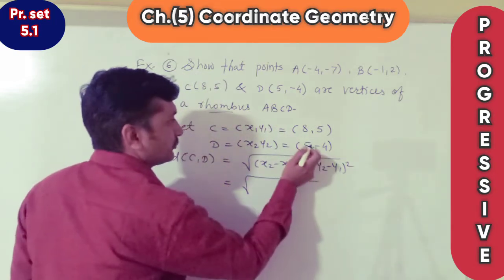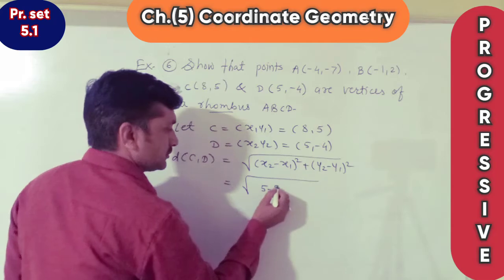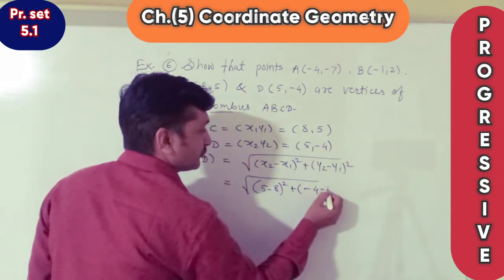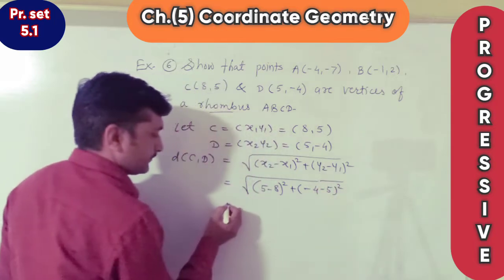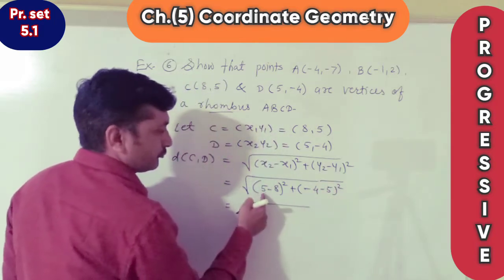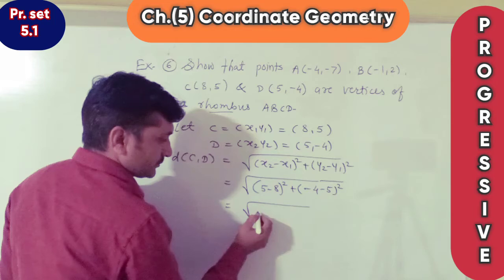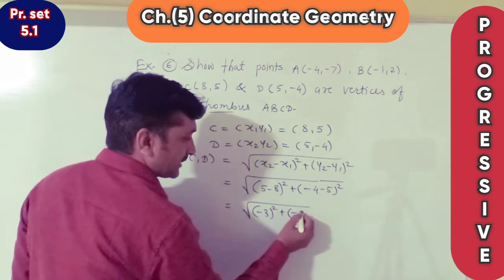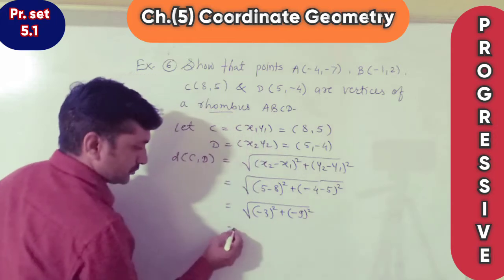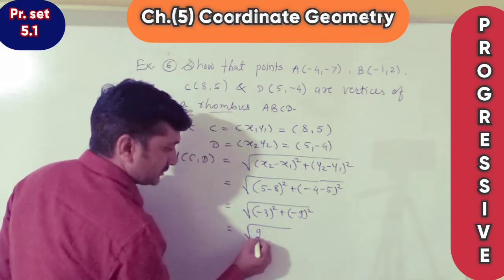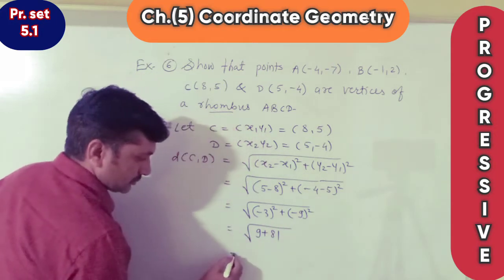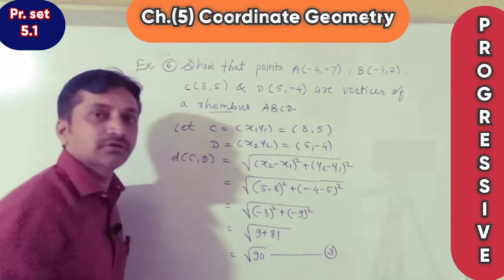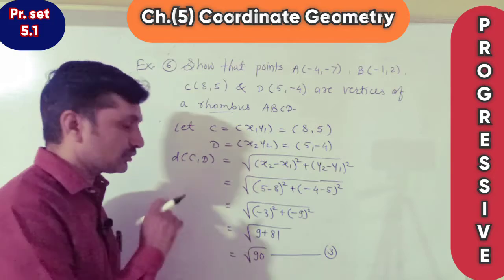Square root of (5 - 8) which is -3, bracket square, plus (-4 - 5) which is -9, bracket square. Square root of 9 plus 81, root 90. Number 3. Third value also we got root 90.